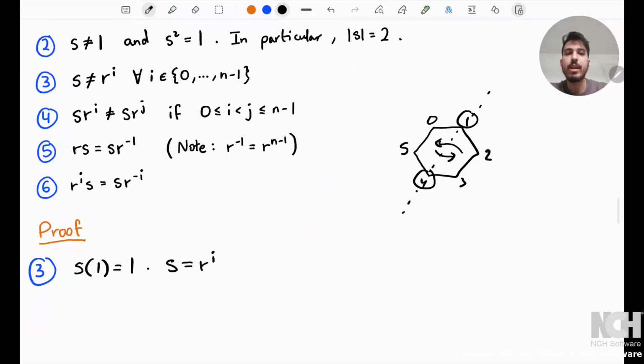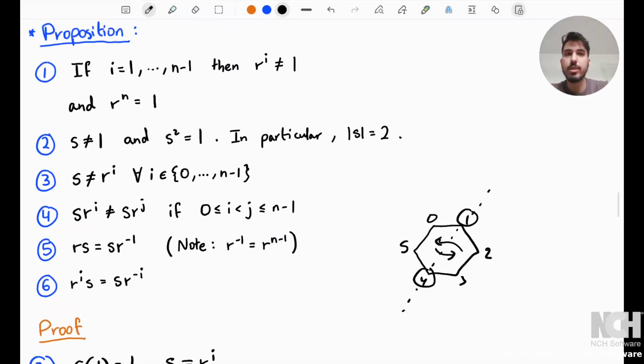That means that R^i will behave the same way as S behaves. And we just showed that S moves 1 to 1. So this means that R^i will move 1 to 1 as well. And we have just shown in part 1 of the proposition that R^i is never the identity symmetry.